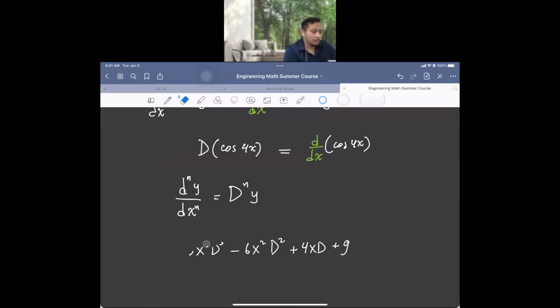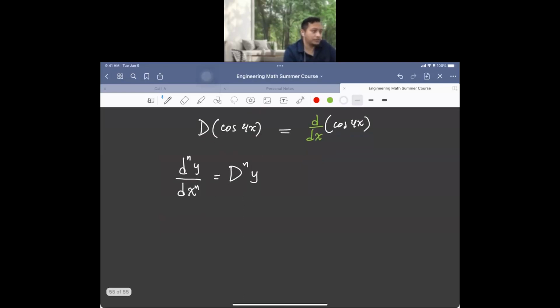Or let me define it in a more general way. We define the nth order differential operator.